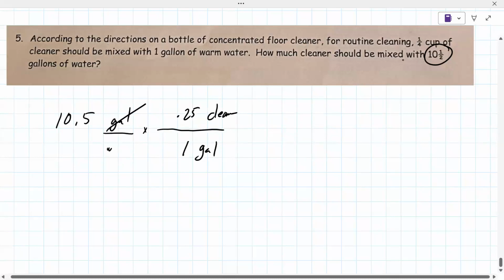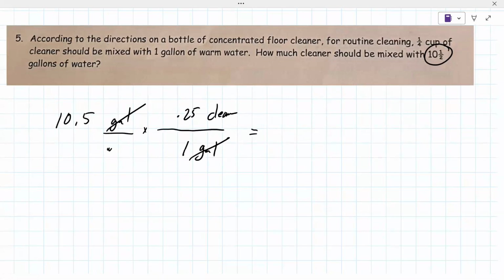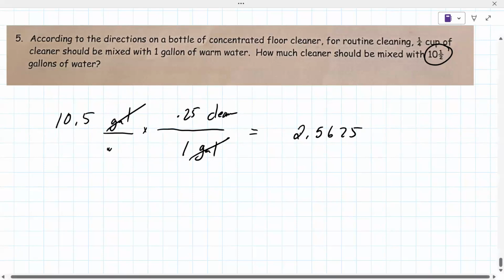And so you cancel those out and just multiply the tops here. 10.5 times 0.25. 2.5625 cups of cleaner. The units are super important here. Really, really necessary.